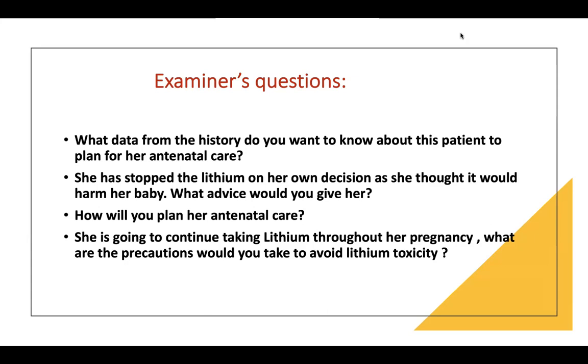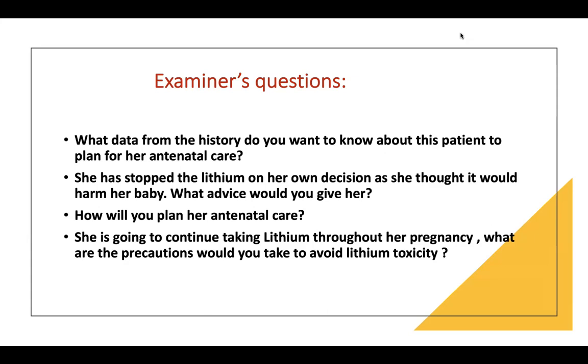Because she's 16 weeks now, we would recommend doing all the screening tests today, including full blood count, blood group, viral screening including hepatitis B and HIV, also bloods for syphilis screening, and a urine test and urine culture. And because she has missed her combined test, we would recommend a quadruple test for Down syndrome.